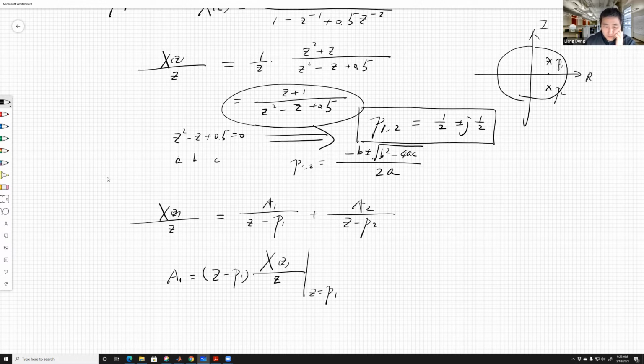The second term I multiply by that, and now I need to plug in z equals p1. If you plug in z equal to p1, z minus p1 should be 0. So you multiply by 0. So the second term, when you multiply by z minus p1, goes away when you evaluate at z equals p1.